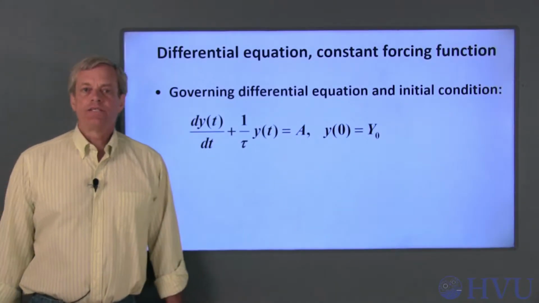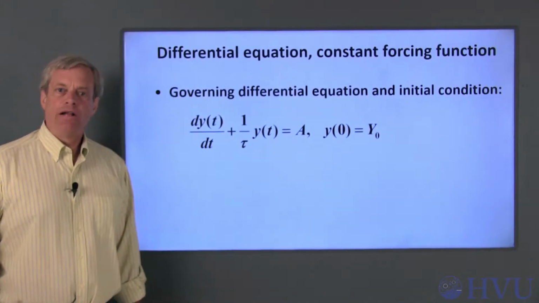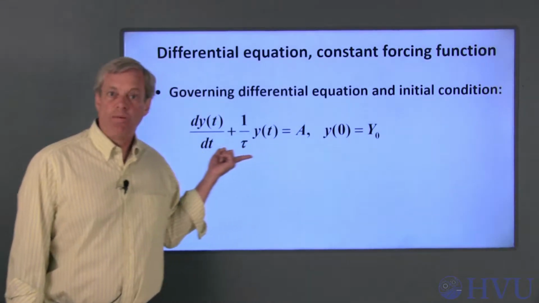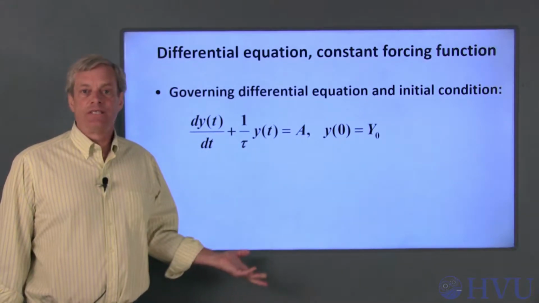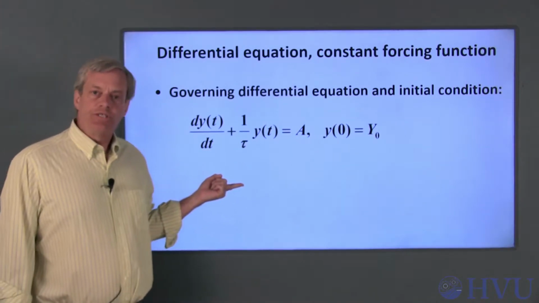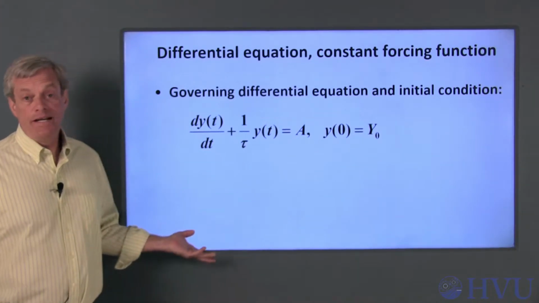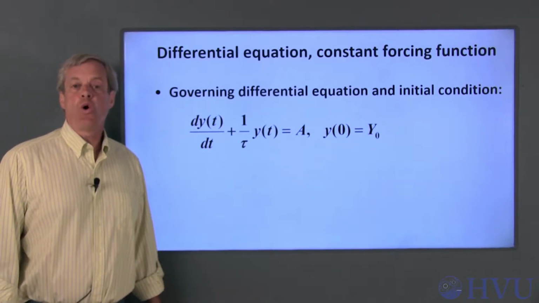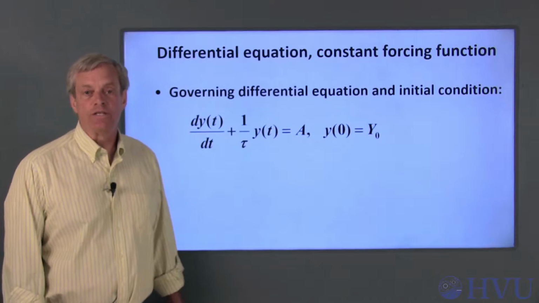The equations governing the response of both RL and RC circuits to constant inputs can be written in this form, and the response of the circuits is simply the solution to this differential equation. With the differential equation written in this form, the time constant and the steady state response are readily determined directly from the coefficients of the differential equation.